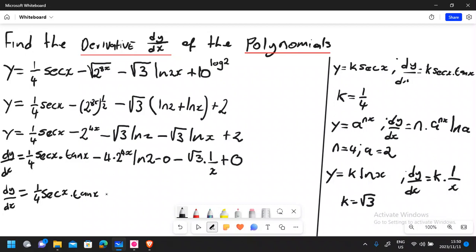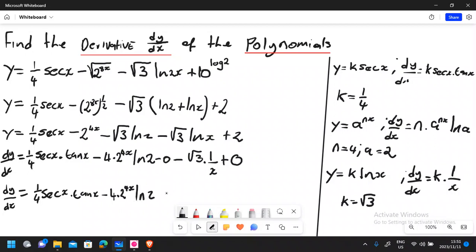This one is the power of 1. So please do not multiply this. Write it as it is. So it's 4 multiplied by 2 to the power of 4x, and then multiply by natural log 2. That's it, nothing more than that.